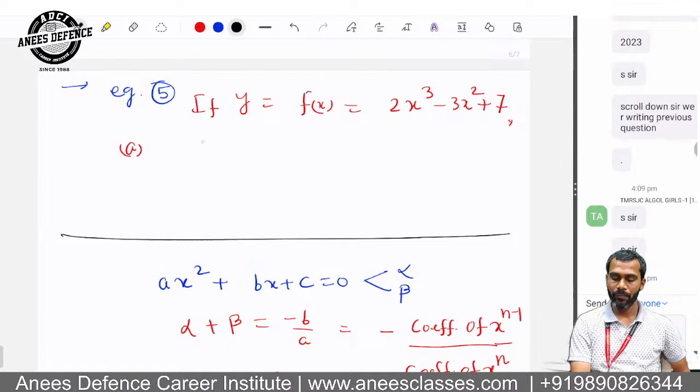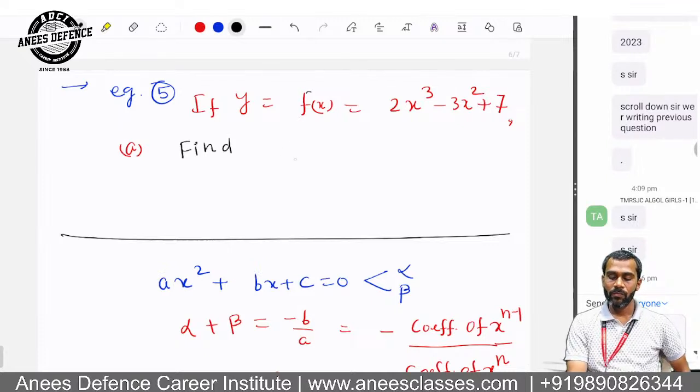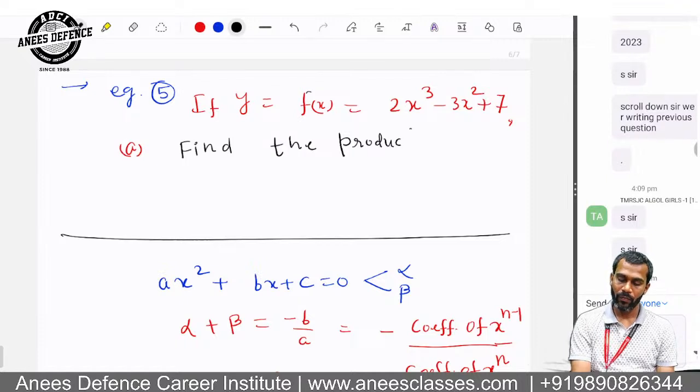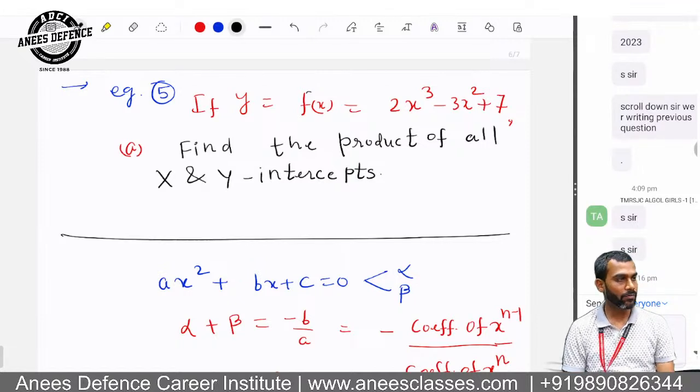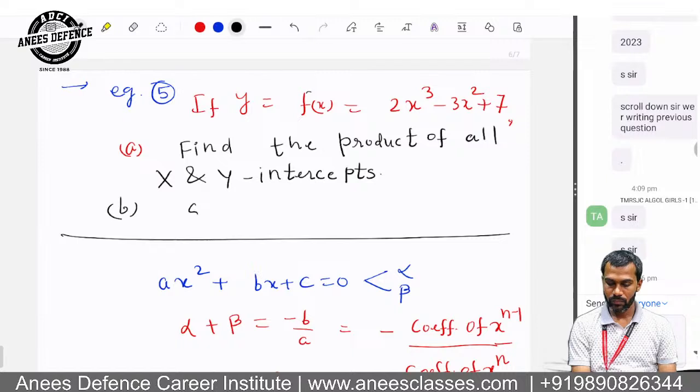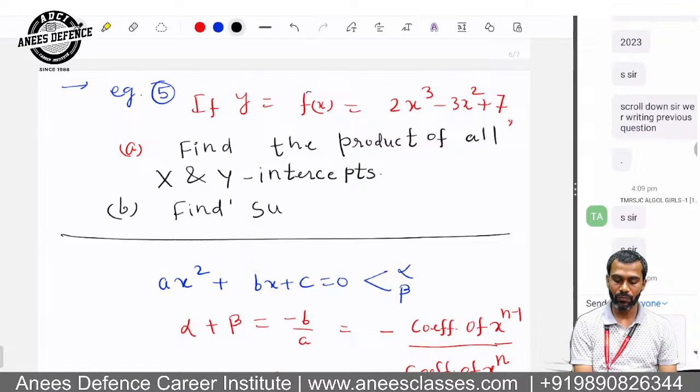Question A: find the product of all x and y intercepts. Very easy. Yes or no? X and y intercepts. B: find the sum of all x and y intercepts. You can find this, it's so easy.